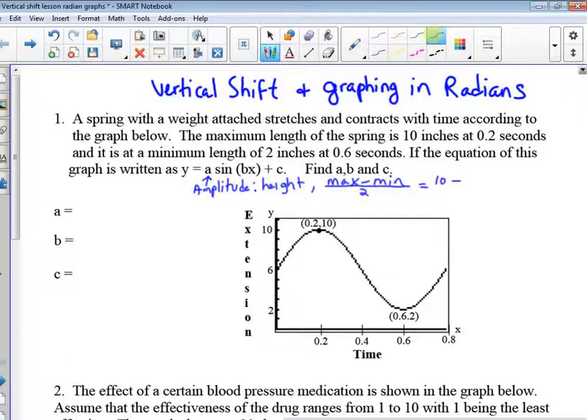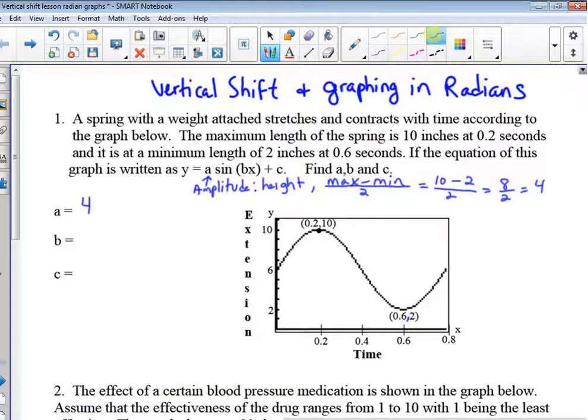Now this might be a typo here. This needs to be a comma after the 0.6, not a decimal point. So 10 minus 2 divided by 2 is 8 divided by 2 is 4. So that means that you have a height from like a middle line, and that is 4.